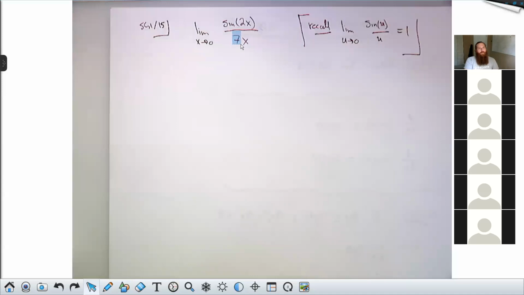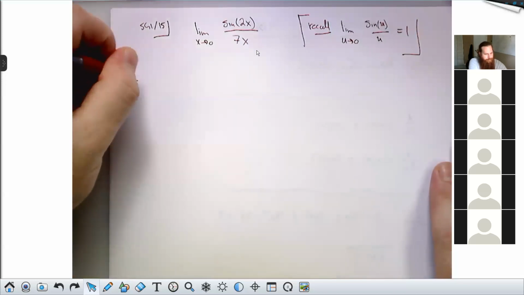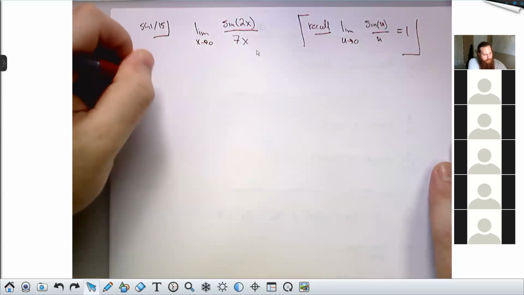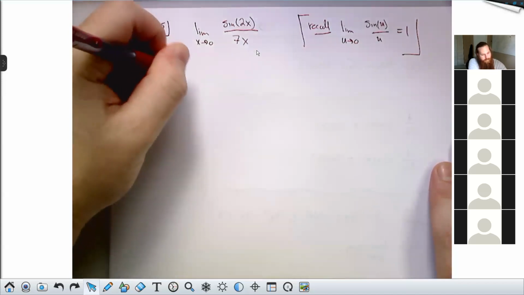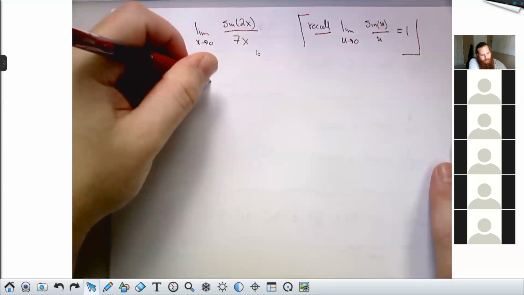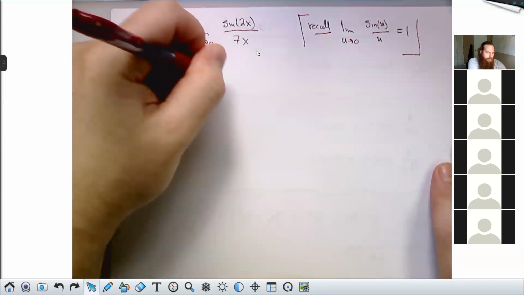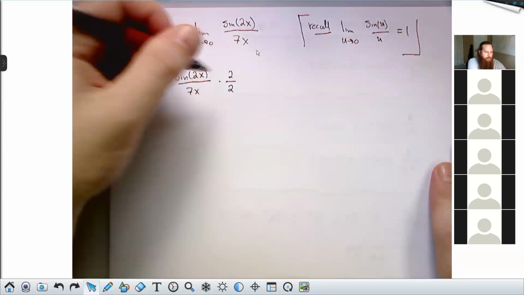If this was a 2 instead of a 7, then this limit would be 1, because we could substitute u equals 2x and turn that limit into this limit. So that's my goal. I'd like to swap this 7 for a 2. And I can do that by multiplying by 2 over 2.